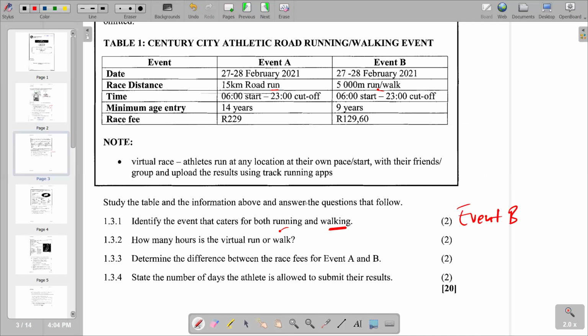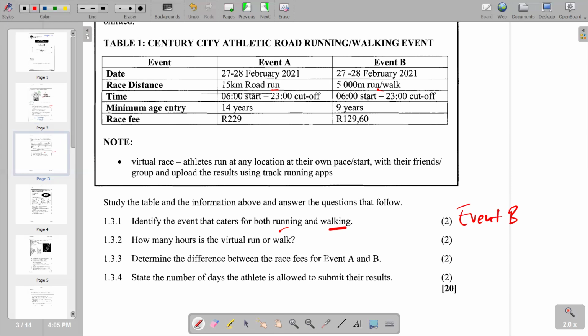Then we go to the next one, which is saying how many hours is the virtual run or walk? We see that our time is indicated there. It's from 0600 to 2300.